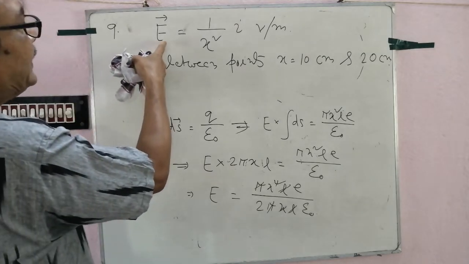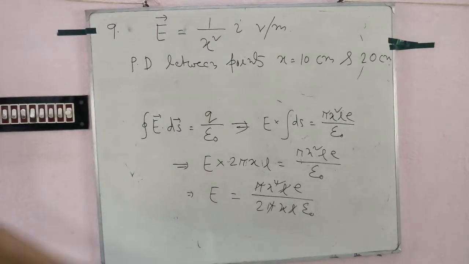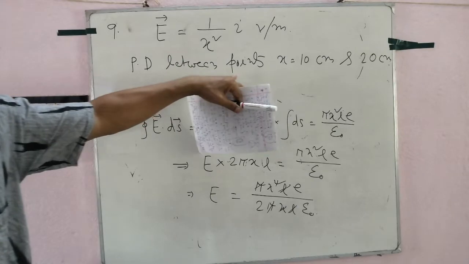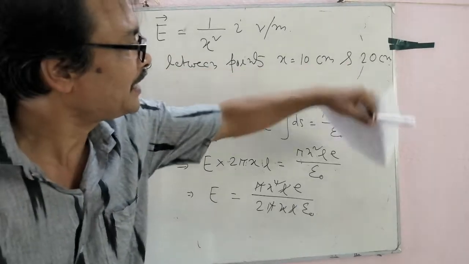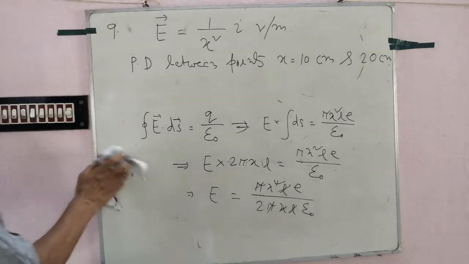In an electric field, E is given by 1 by x square i volt per meter in SI system. Find out potential difference between the points x equal to 10 cm and x equal to 20 cm. Clear?